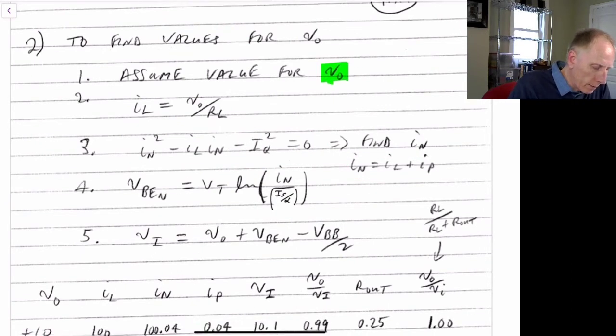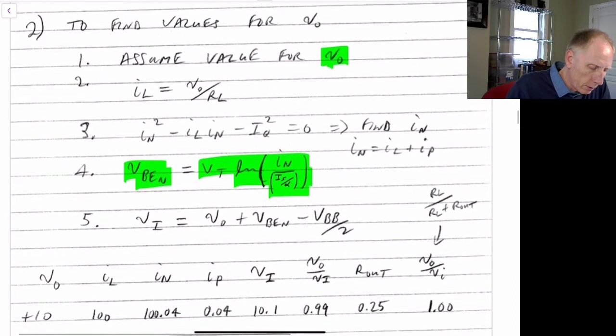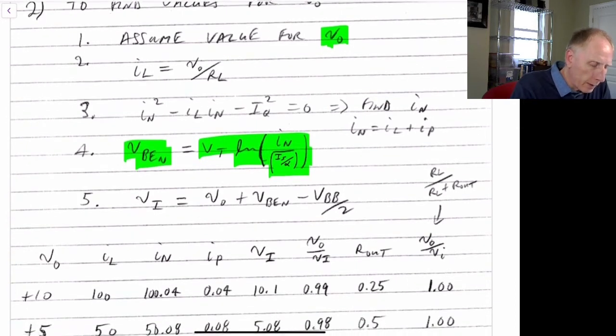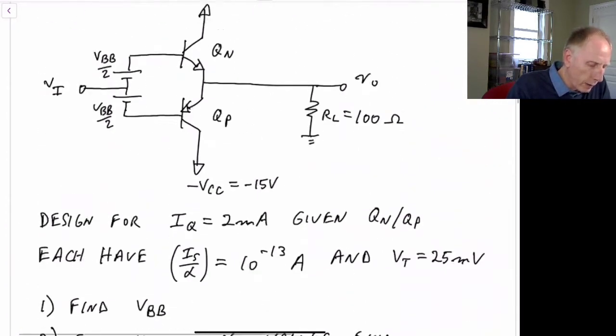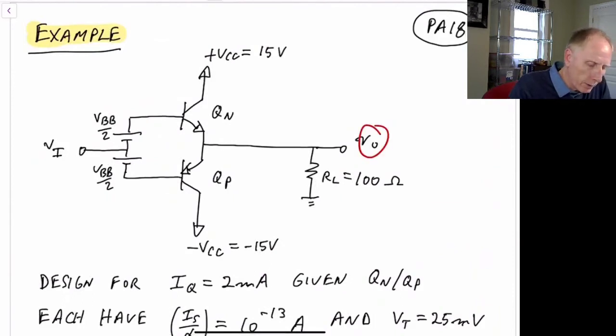Then we can use this equation to find the base emitter voltage. We need that because it is going to be used to find our input voltage, because our input voltage is equal to the output voltage plus the base emitter voltage minus VBB over 2. In other words, if we know the voltage here, then we can find this voltage as summing together this VBE of this NPN transistor minus VBB over 2 here.